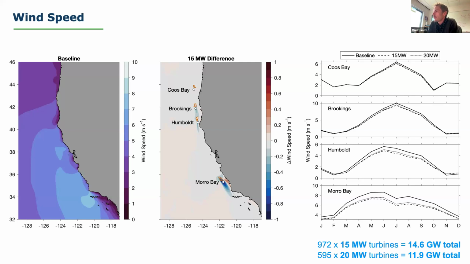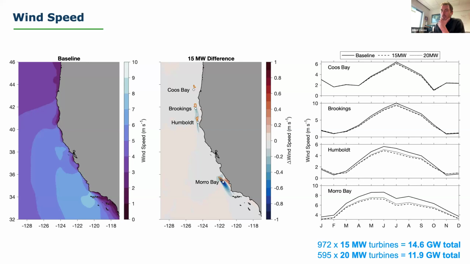And also of interest, I think, is that the wind speed reductions in the 20 megawatt case are actually less than in the 15 megawatt case. And we think this is due to the size of the 20 megawatt turbines, where ultimately you're actually able to extract less energy with the wind farm layouts that we have, because you have fewer turbines despite them being bigger.